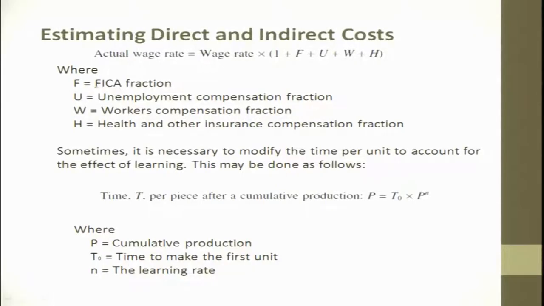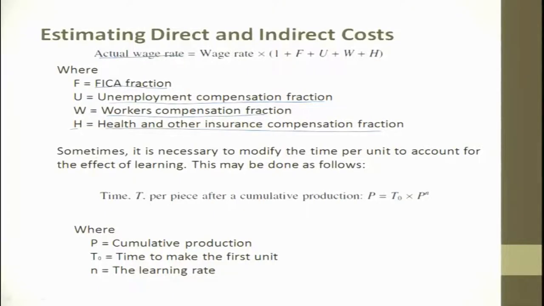F is the FICA fraction, U is the unemployment compensation fraction, W is the workers' compensation fraction, and H is the health and other insurance compensation fraction. We multiply (1 plus F, U, W and H) with the wage rate, and what we get is the actual wage rate.